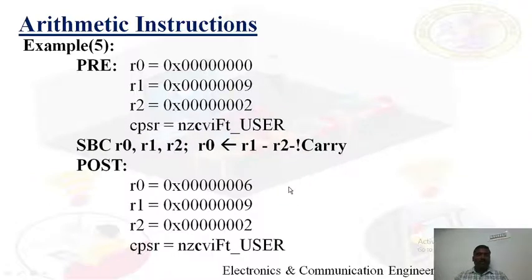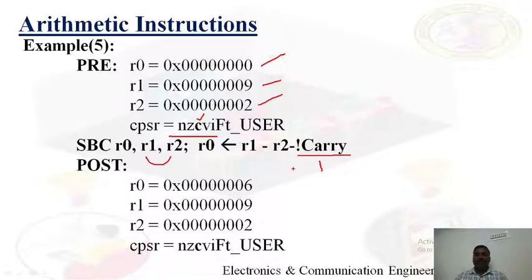Now coming to the fifth example, look into the preconditions. Initially R0 has this much, R1 is 9, R2 is 2, then these are the conditional flags. SBC means subtract with carry. So here R1 minus R2 minus the complement of carry. You remember here carry is a small letter, which means 0.